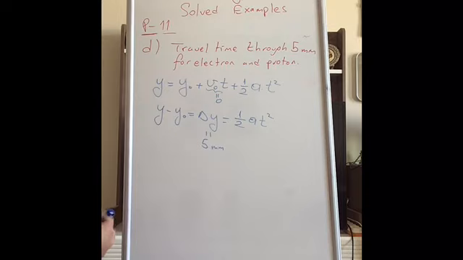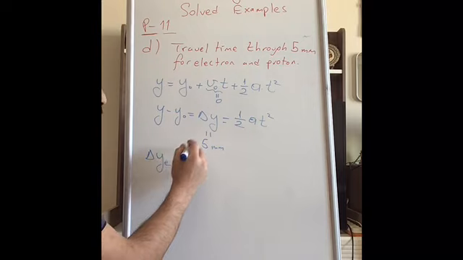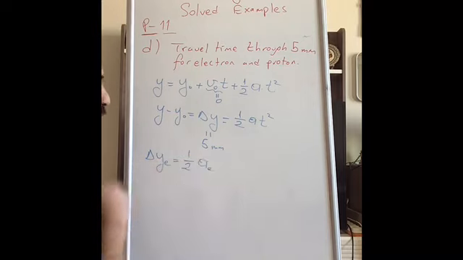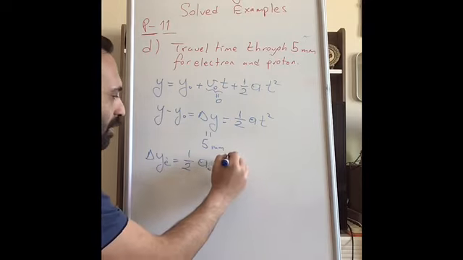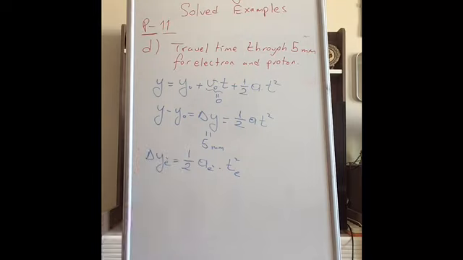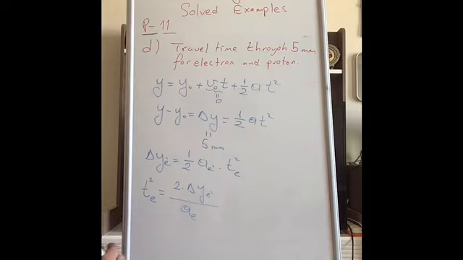So for the electron, delta y, which is equal to 5 millimeter, will be equal to 1/2 the acceleration of the electron times t electron squared. This t electron is the travel time of the electron, and from here t electron squared will be equal to 2 times delta y electron over the acceleration of the electron.